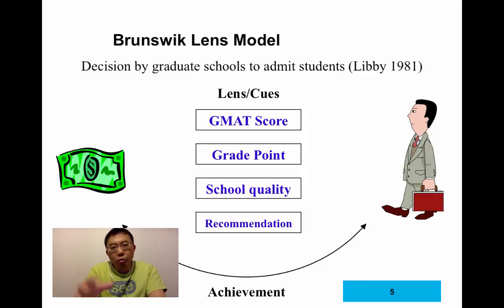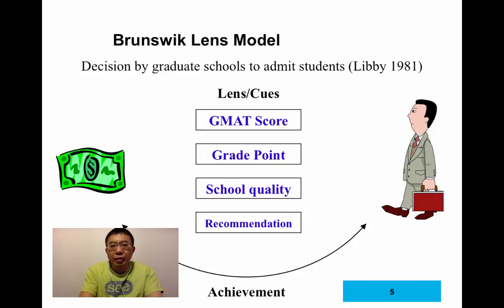So in this example, in order to select those students, we use some of these measures. The whole idea was that these measures will be how we are going to view this candidate. And we call these measures lenses or cues, or measures of the quality of the particular student.